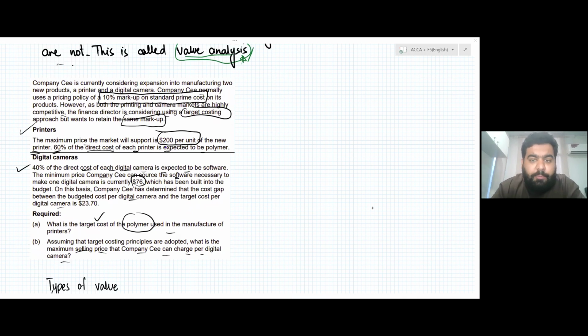Okay, so I am doing the question now. The first requirement was for the polymer. The polymer is 60% of the printer cost.